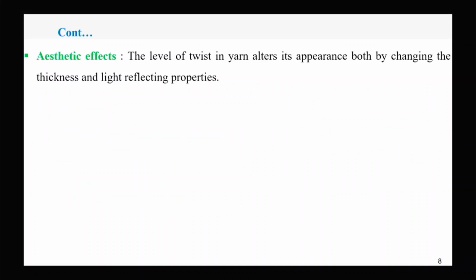Aesthetic, which is extremely important for apparel application. Aesthetic means its appearance. By changing the twist, light reflection can be changed.